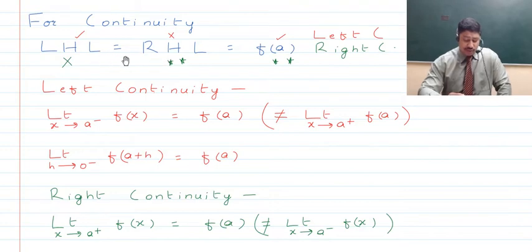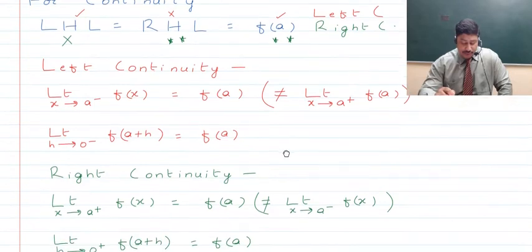So in accordance with what you learned till now, you will say that the function at this point a is not existent, but if the left hand limit is equal to the value of the function at a, which is not equal to the right hand limit, then you will call it left continuous. And similarly, if the left hand limit is not equal to the right hand limit, but the right hand limit is equal to the value of the function at a, you will say that the function is right continuous, although neither is it continuous nor is it existent.